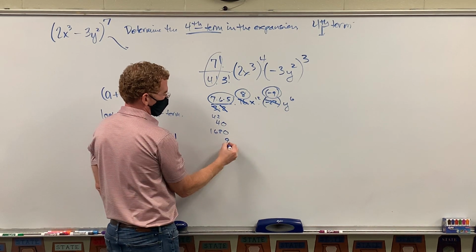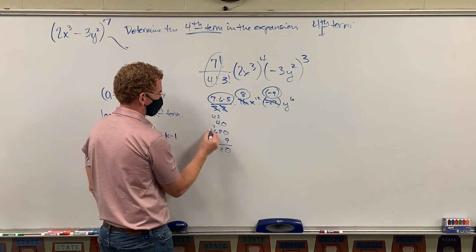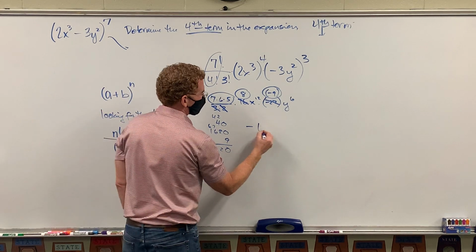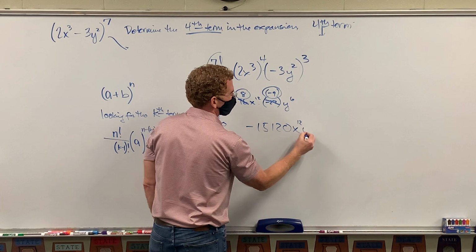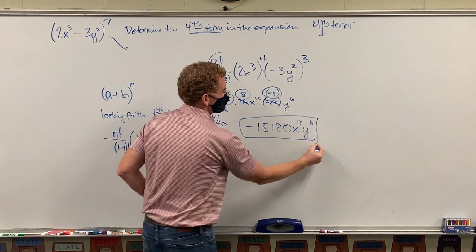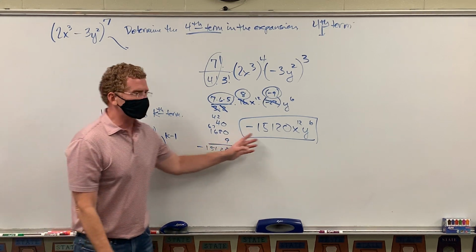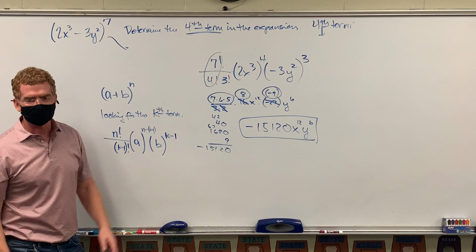And then multiply that by a 9. What's 54, 61, 15, 120. Don't forget the negative. So negative 15,120, if I haven't made a careless error, x to the 12th, y to the 6th. And I try to make them a little more kind to you than this when it comes to the numbers, because you won't have a calculator.